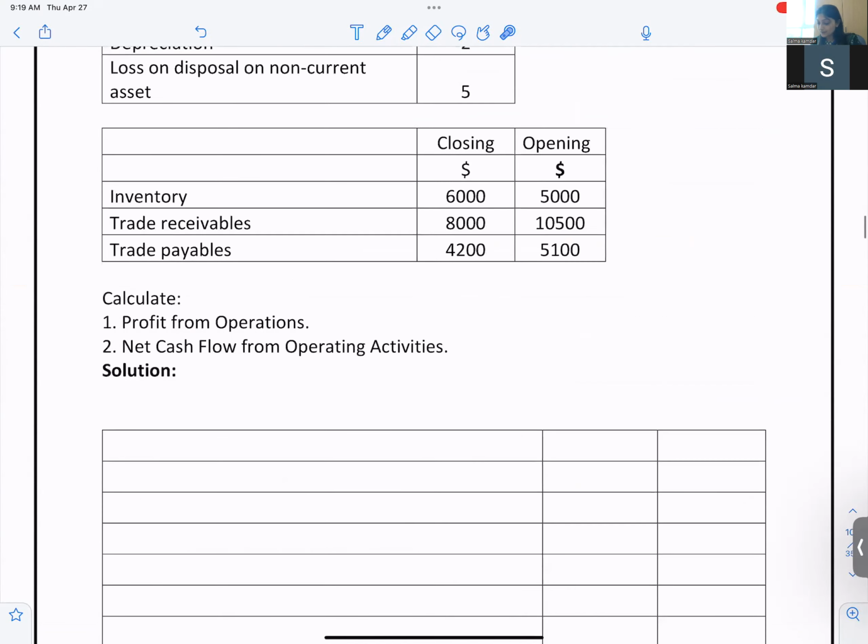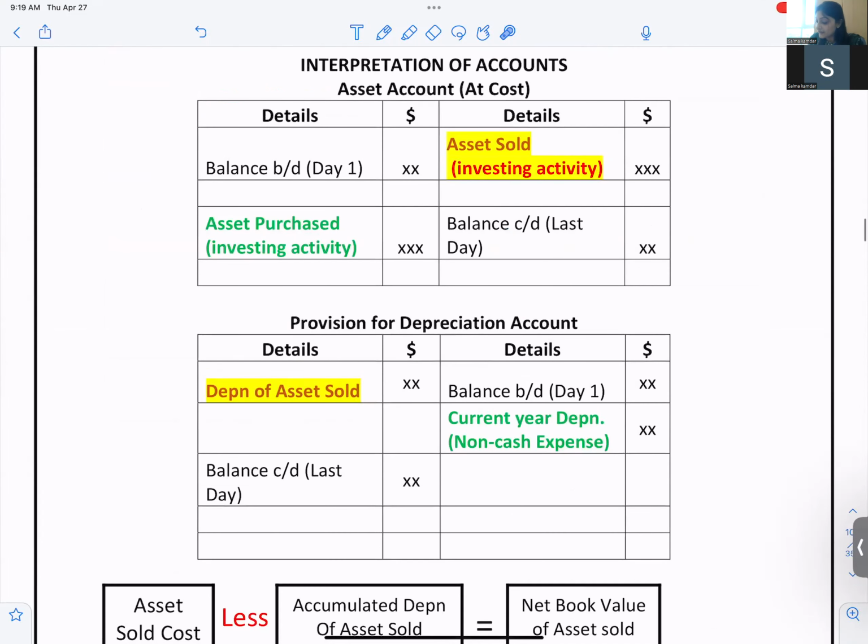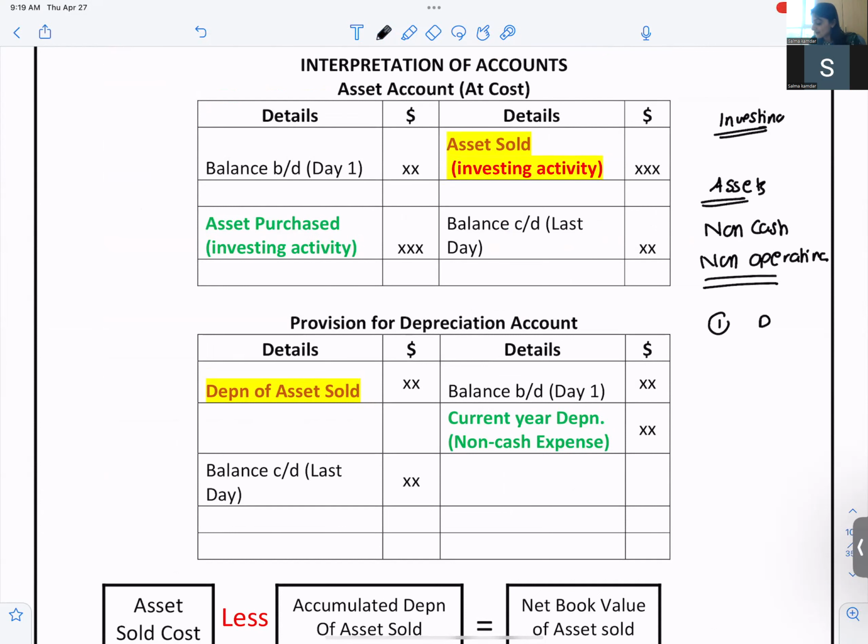Now what we are going to do is see how we get our investing activities. How do we find out things related to assets? How do we find out our non-cash, non-operating expenses? Our non-cash, non-operating expenses are only two.